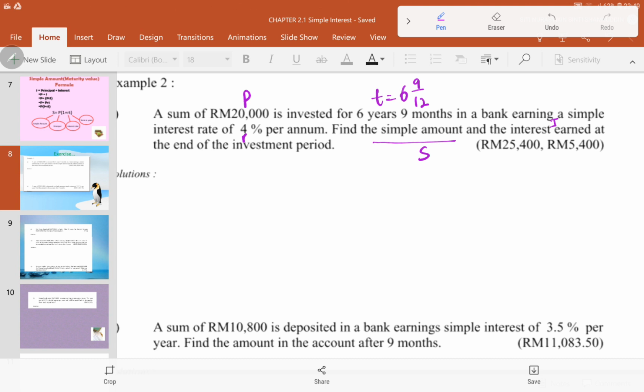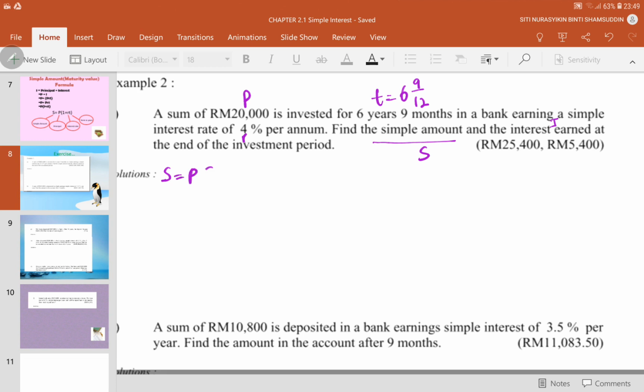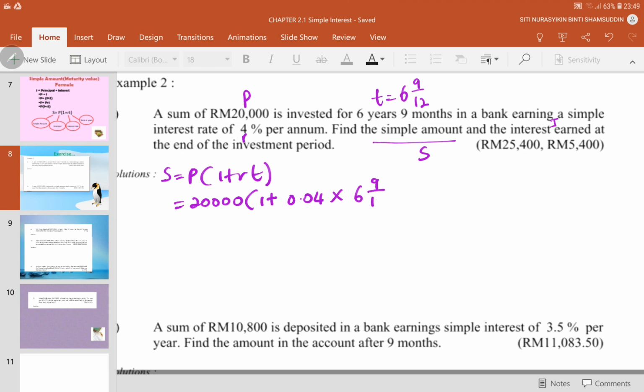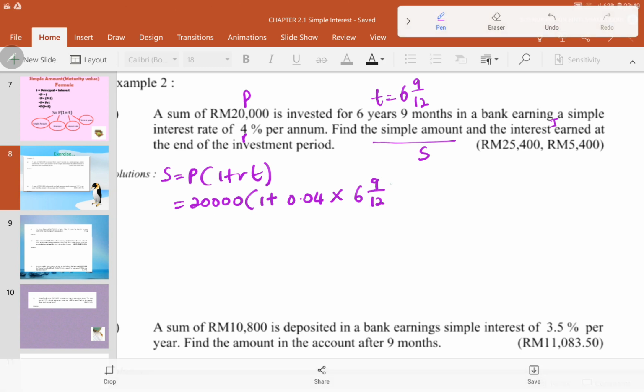So the formula for simple amount is S equal to P times 1 plus RT. Your P is 20,000 times 1 plus R, which is 0.04, 4%, times T. T is 6 years and 9 months, so 9/12, or you can simply use decimal.